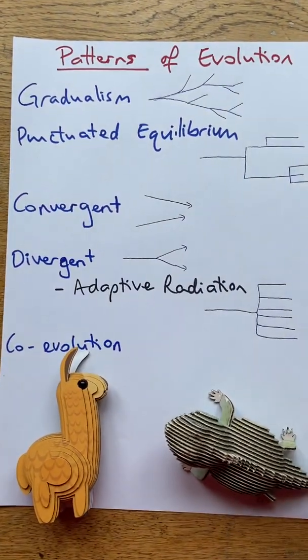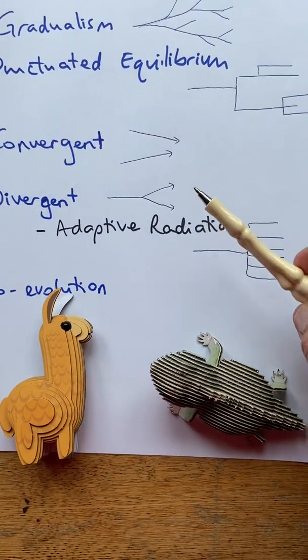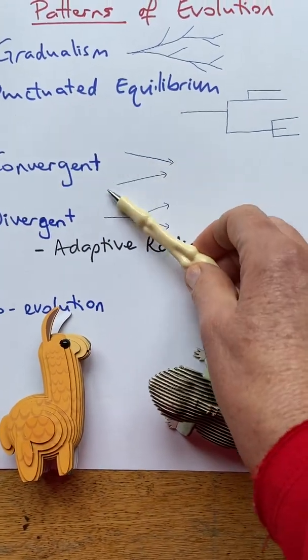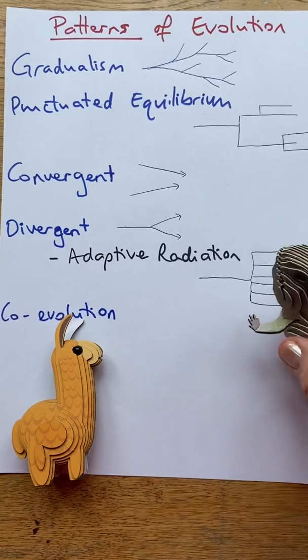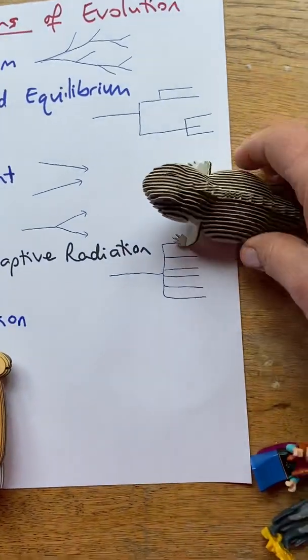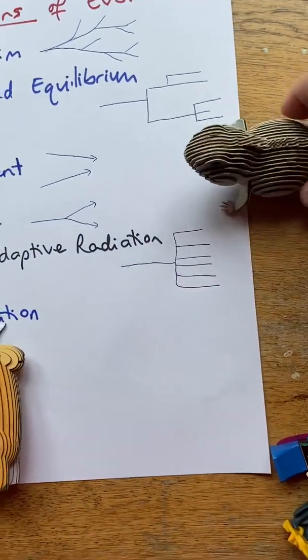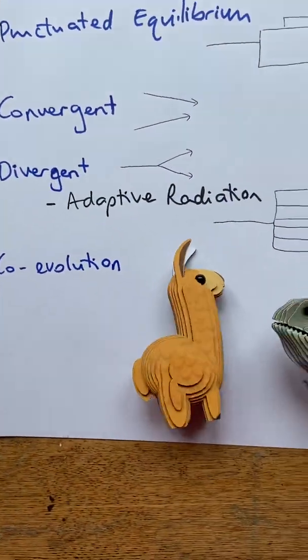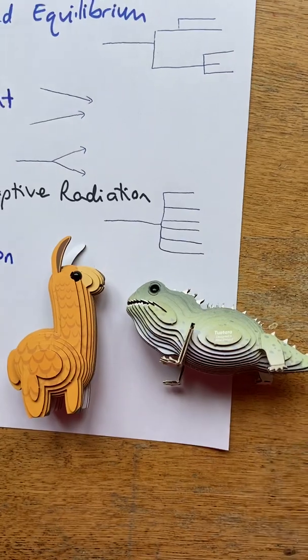Okay, then we've got convergent, divergent, and coevolution. So convergent evolution is when 2 things are converging to become, they were different, they're becoming more similar. So this is not a very accurate example, but we're going to use our iguana here and our llama. Maybe I'll put them sideways like this so you can see them better, because they're very cute.